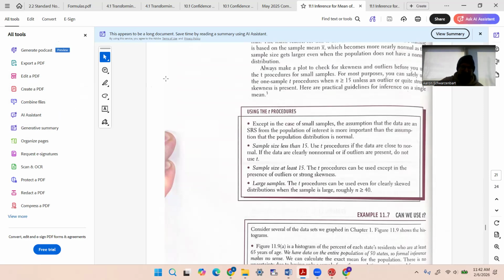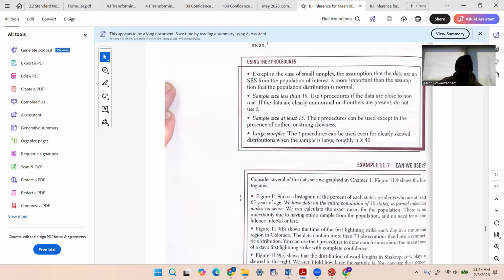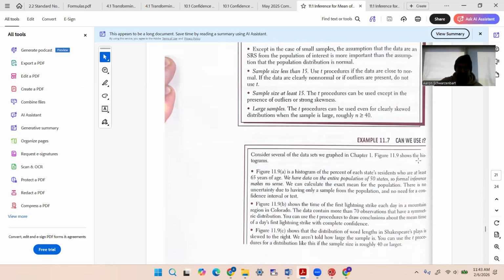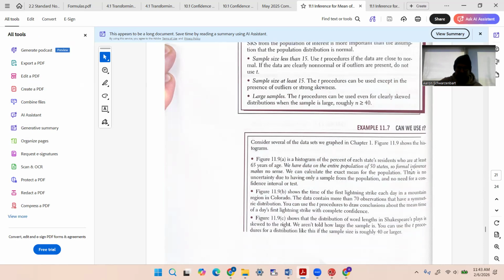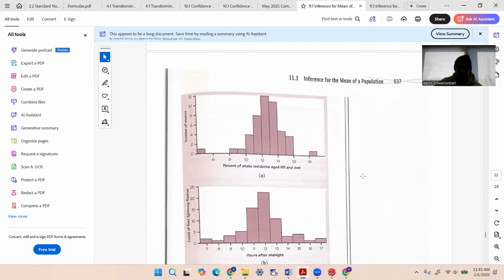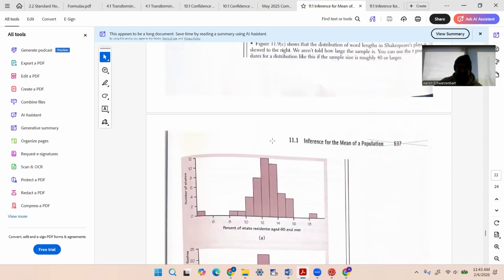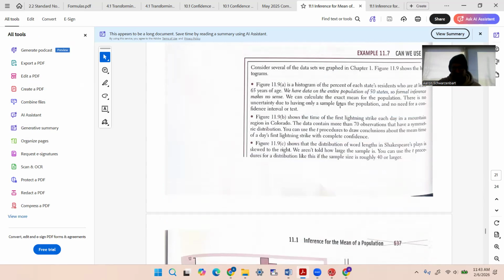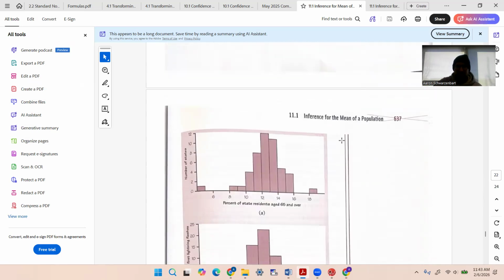So can we use T? Consider several of the data sets we graphed in chapter 1. Figure 11.9 is a histogram of states' residents who are at least 65 years of age. We have the entire population of 50 states.